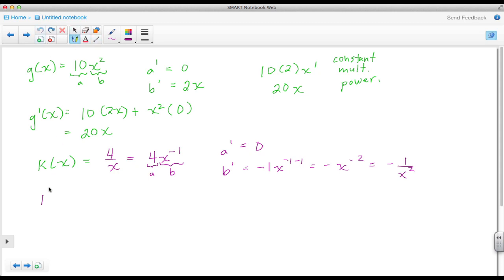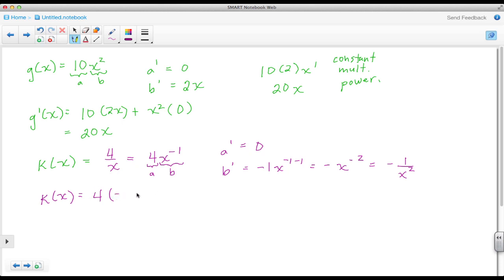Now with the product rule, I'm going to write the a factor, and I'm going to multiply that by the derivative of the b factor.